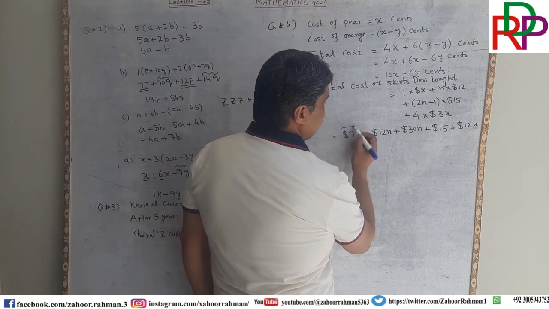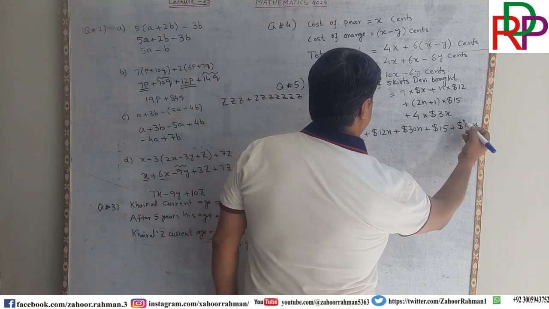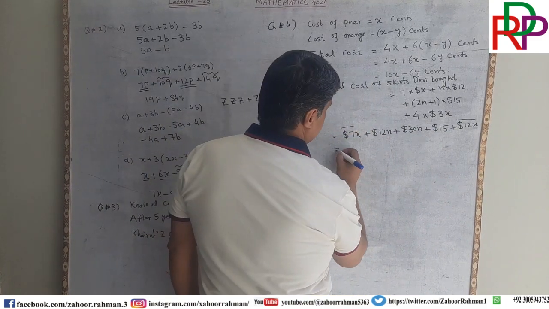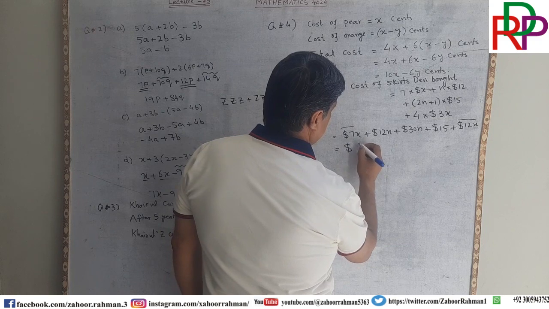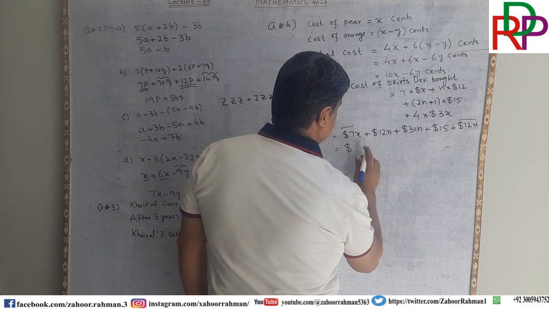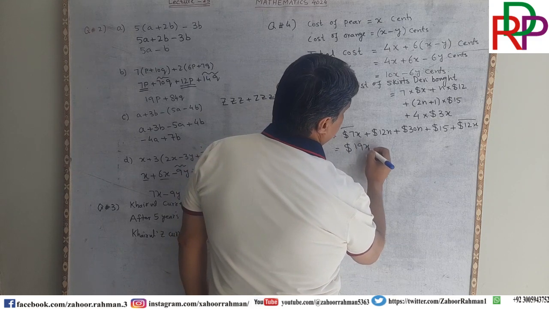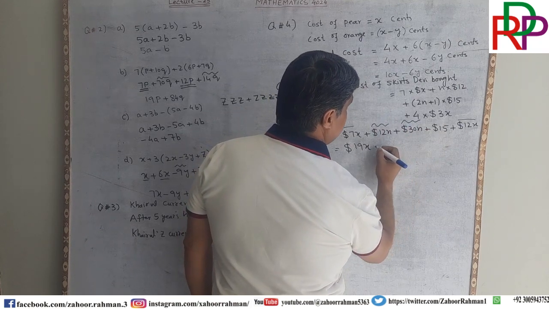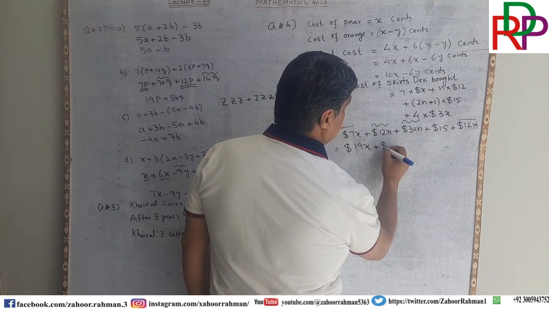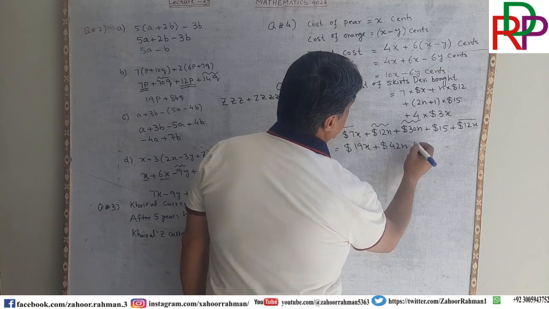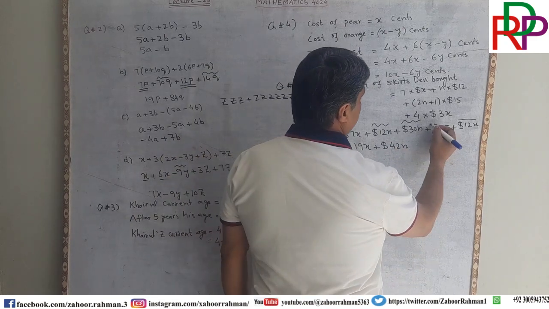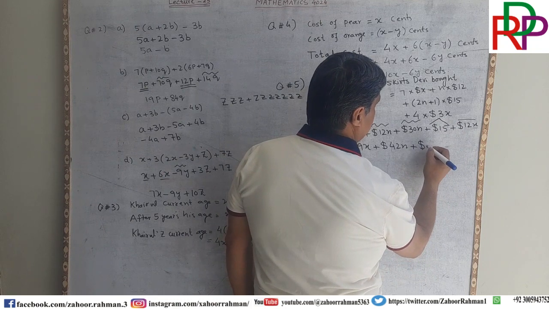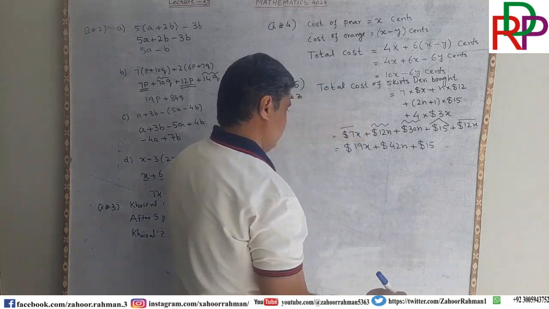So 7x and 12x, that will cost $19x, and then 12n plus 30n is $42n, and we have to write this one separately, plus $15.